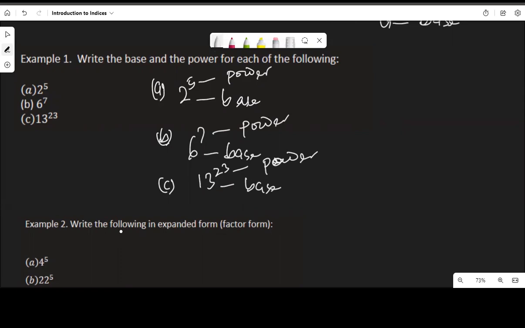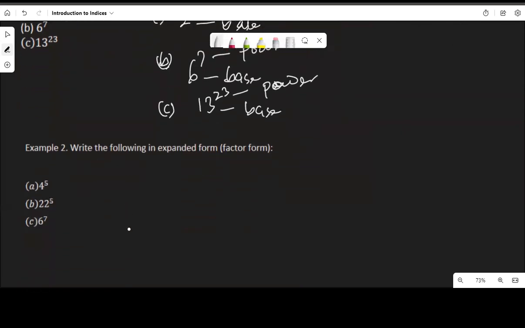Then question 2 says, write the following in expanded form or factor form. There is another word for expanded form. You may see a question that asks you to write the index form in a factor form.